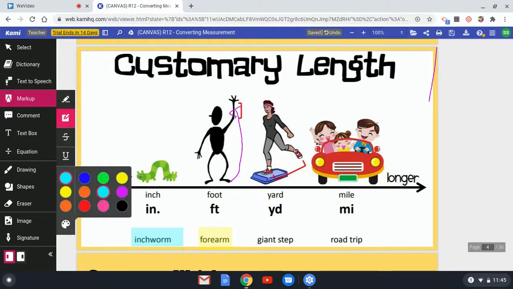The giant step is what helps us remember a yard.